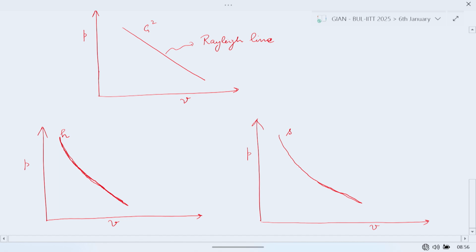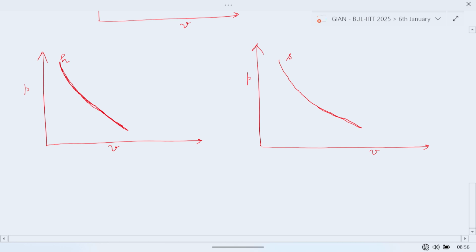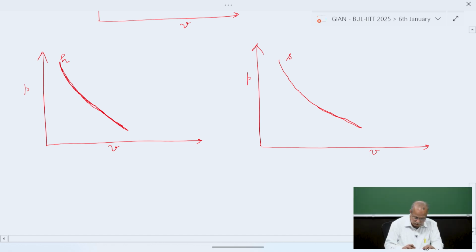Okay, so this is from the PVT relationships we can deduce this. Now here we are going to look at the effect of heating. What is the effect of heating on to this happening to this H line and S line.